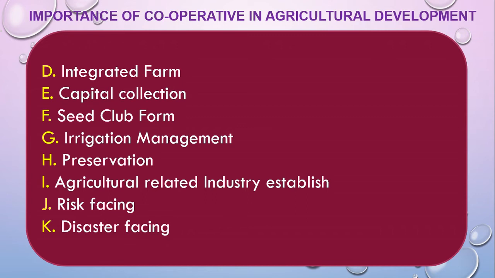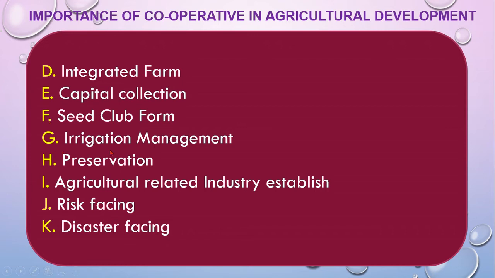So if we make the cooperative, which is called seed club farm, then at that time the seed will be available at an affordable price, and the seed will not be destroyed. So they can easily produce the product in the next season. So this is called the seed club farm.